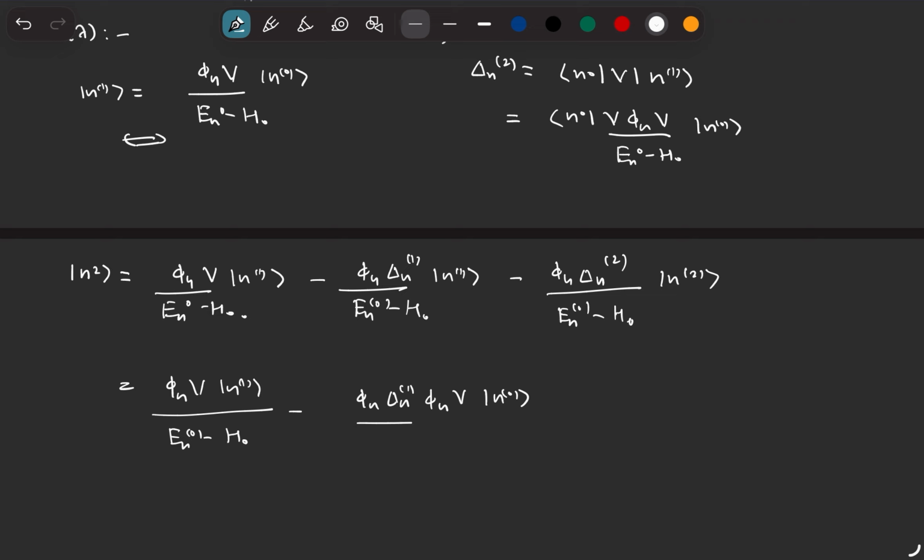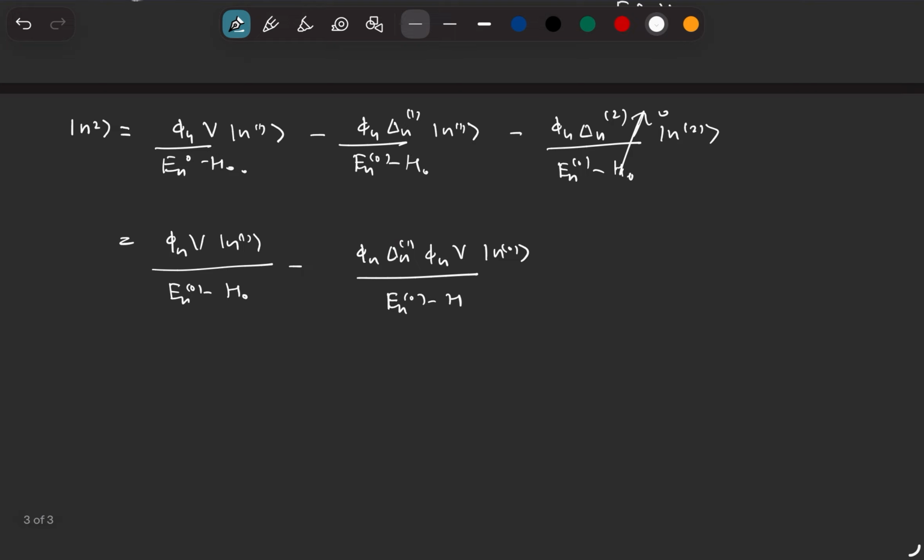divided by n0 minus of h0. Now this term here, because delta n is nothing but a constant, and phi n will simply stick to delta n2, and this term is in principle 0. You should have to count that.